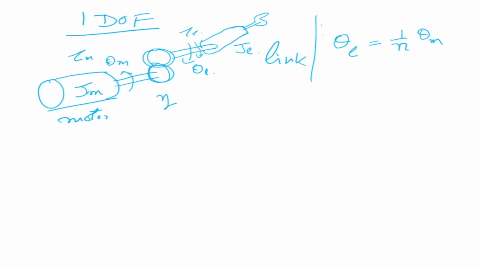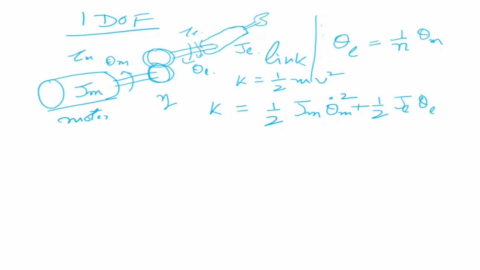Now what is the kinetic energy? The kinetic energy K is equal to half mv squared. So this is equal to half Jm theta m dot squared plus half JL theta L dot squared.